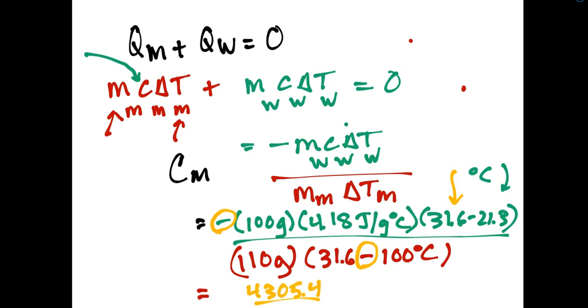And then you do the bottom one the same way. 31.6 minus 100. Now that's a negative number. Times 110 gives you negative 7524. And when you finish, it gives you a more reasonable number of 0.572. That's joules per gram degree Celsius.